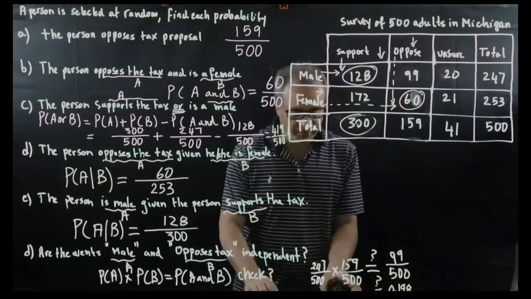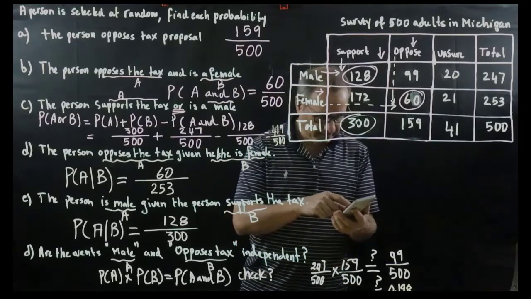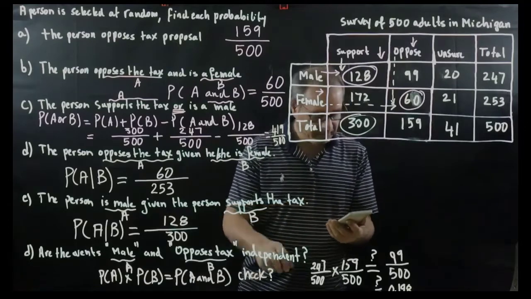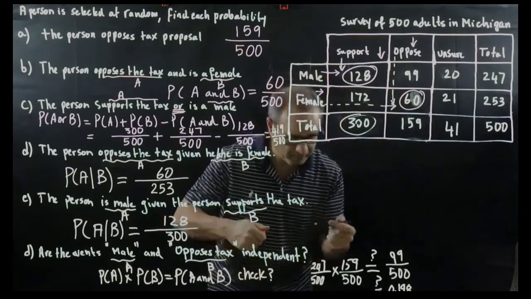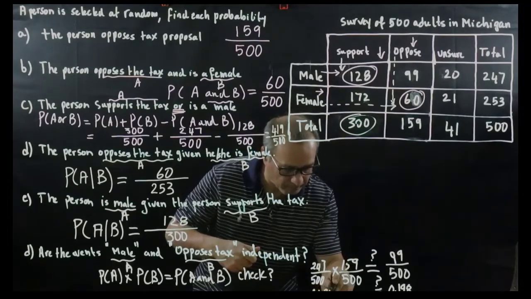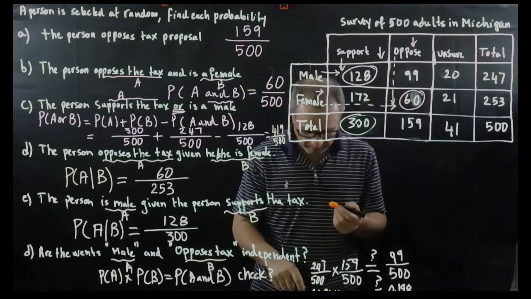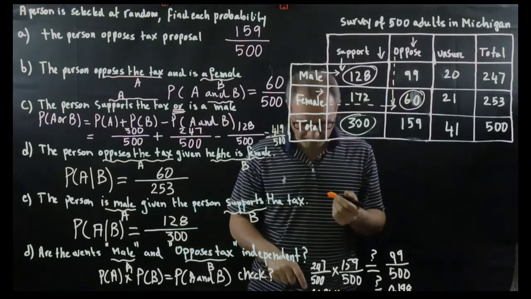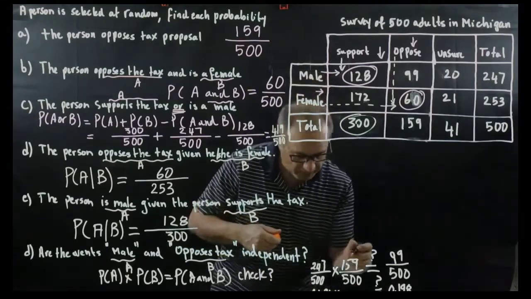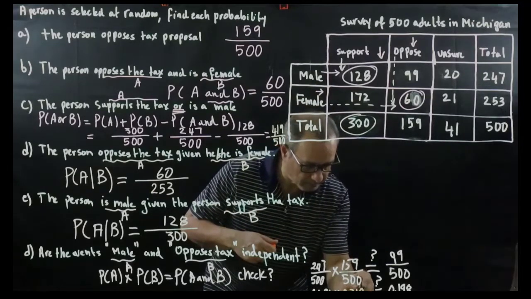Let's see what's 247 over 500. This is 0.494. Times, we're checking if they are equal, 159 divided by 500, 0.318. Okay.